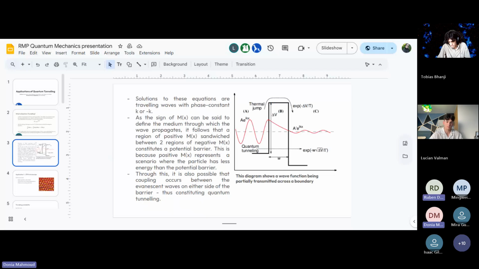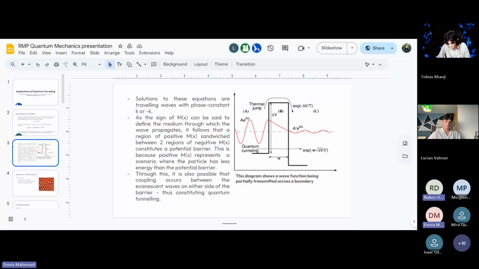The solutions to these equations, depending on if mx is positive or negative, are traveling waves with phase constant k or minus k. So the sign of mx can be said to define the medium through which the wave propagates. It follows that the region of positive mx sandwiched between two regions of negative mx constitutes a potential barrier.